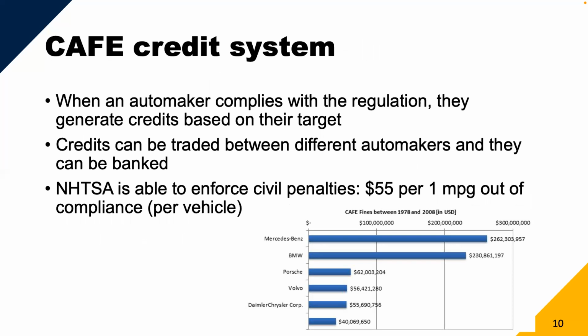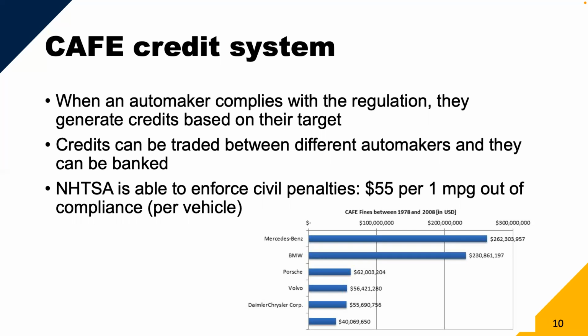Okay. So there's this whole crediting system. When an automaker complies with the regulation, they generate some number of credits based off of their target. And then these credits can actually be traded between different automakers, and they can also be banked. So let's say my target is 30 MPG, but in a particular year, I happen to sell vehicles that average out to 31 MPG.